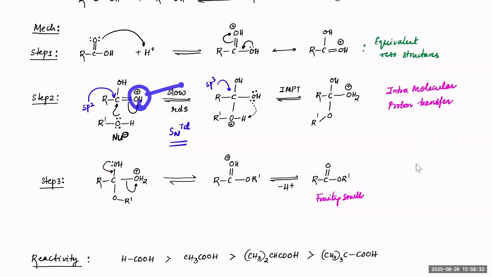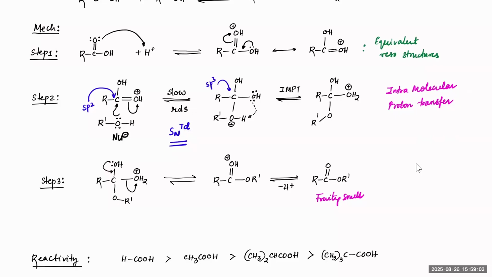And this group has left and the other group has substituted, which means there is a substitution reaction overall, but it is going through an intermediate where sp2 carbon is converting into an sp3 carbon. So this type of mechanism is called SNTD. Okay, clear? This is called SNTD. TD means tetrahedral formation. So you can say it will form a tetrahedral intermediate.